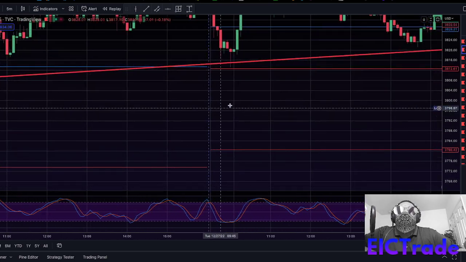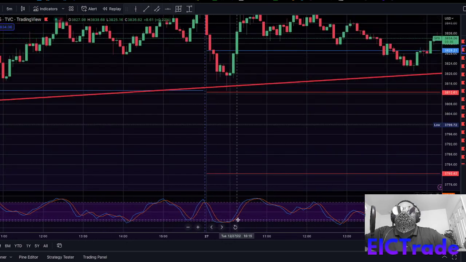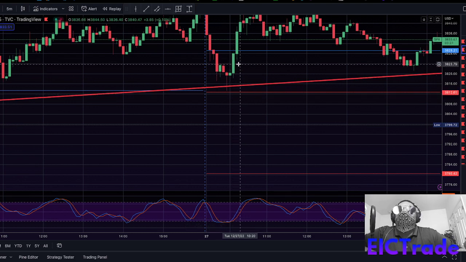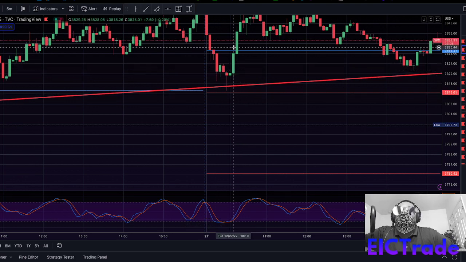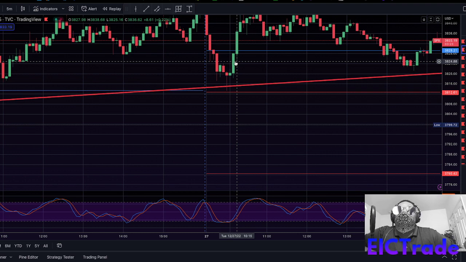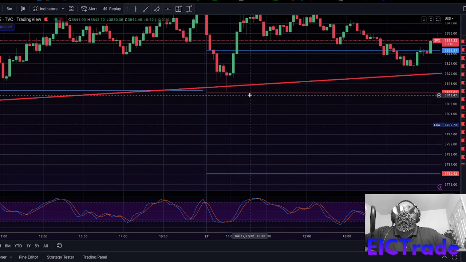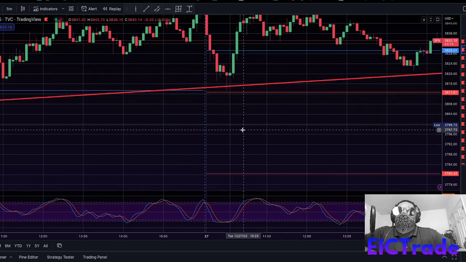So now what I do is I'll wait for it to enter back into the middle zone, but I won't trade just because it enters into the middle zone. I'm looking for some enthusiasm, some enthusiastic bars, some long green bars going back up to give me the confidence to say, okay, now I can trade below this area, right?